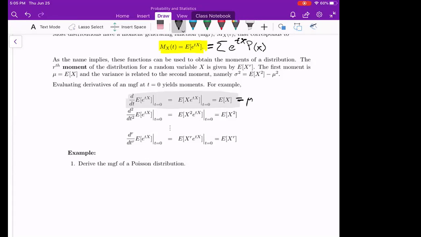If you take the second derivative, which is the next line, and you evaluate that at 0, you get back the expected value of x squared.